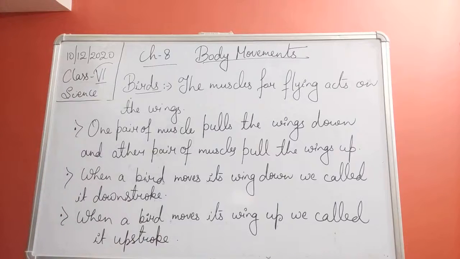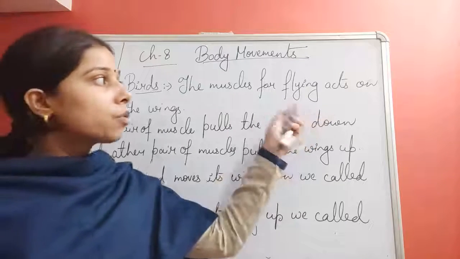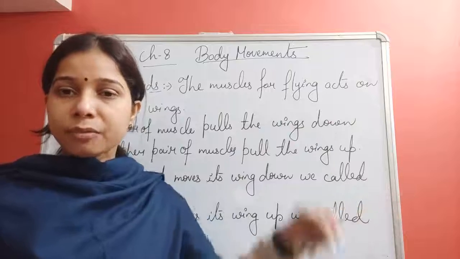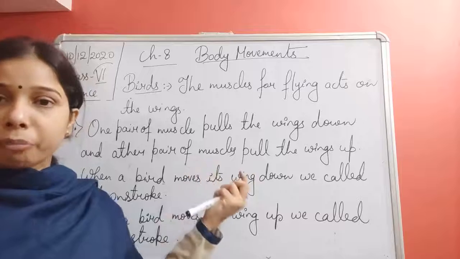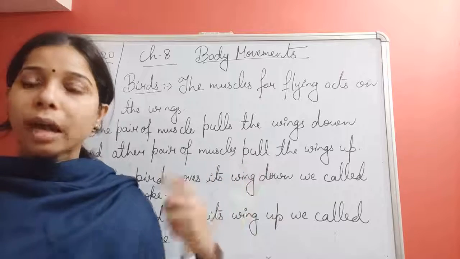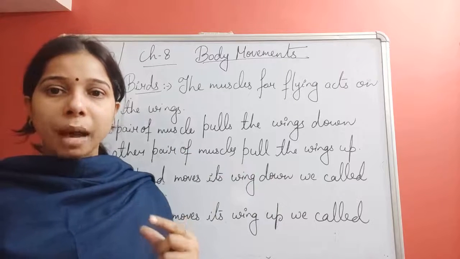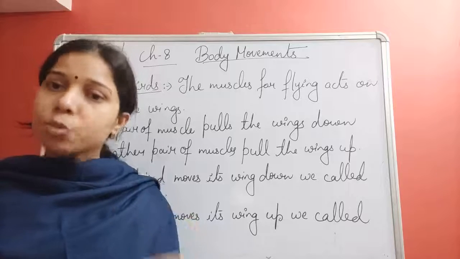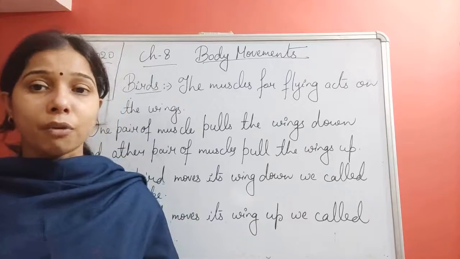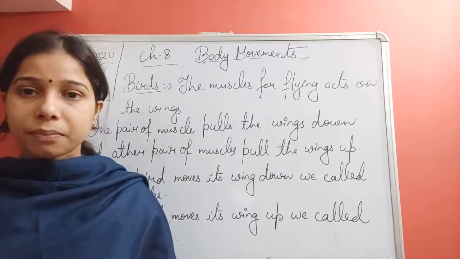Here we are saying that flying is related to muscle, because when wings go up and down, it is the muscles attached to the wing that help in the movement in the upward and downward direction. So we can say that it is because of the rapid contraction and expansion of the flight muscle attached with the wing that the wings flap. We can write it.